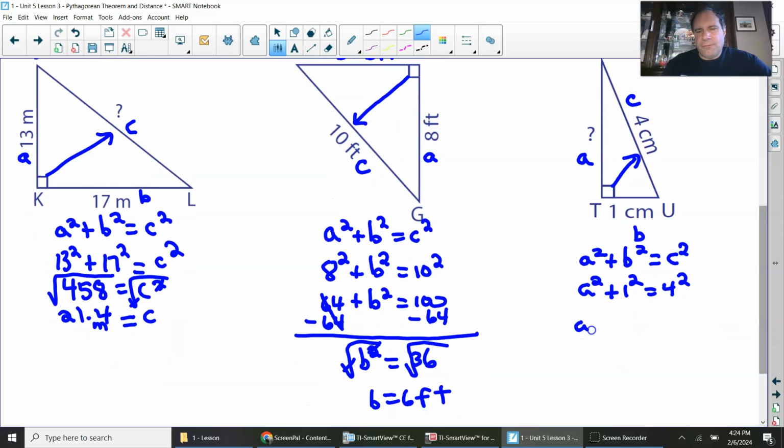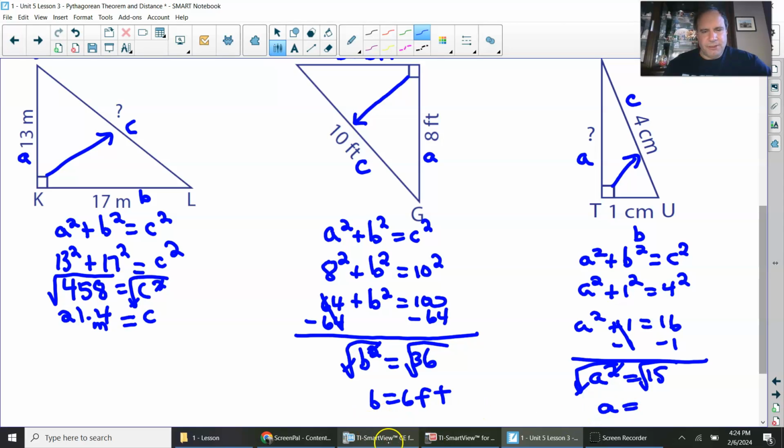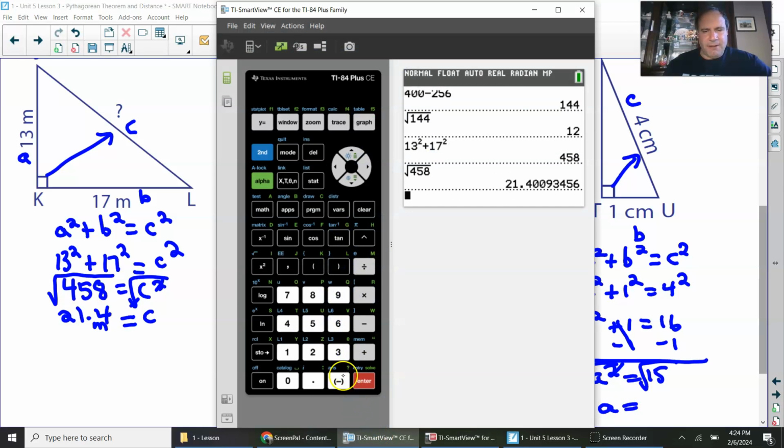So we have A squared plus 1 equals 16, and you minus 1 on both sides. And you notice that this is not going to be a perfect square. This is A squared equals 15. You square root both sides. Square rooting both sides, you get A equals, and we're going to get the calculator up.